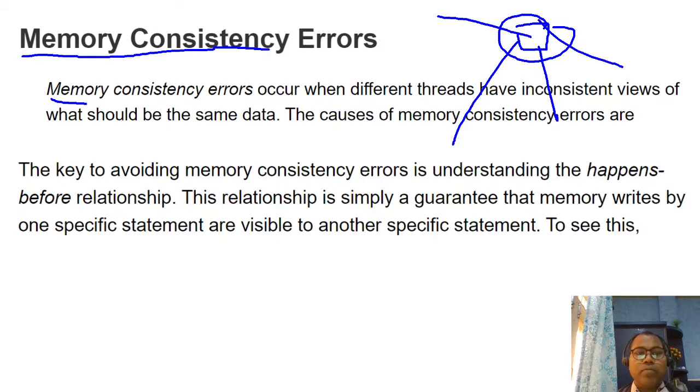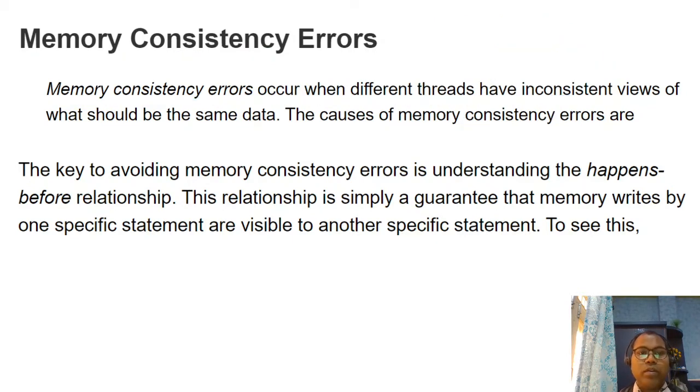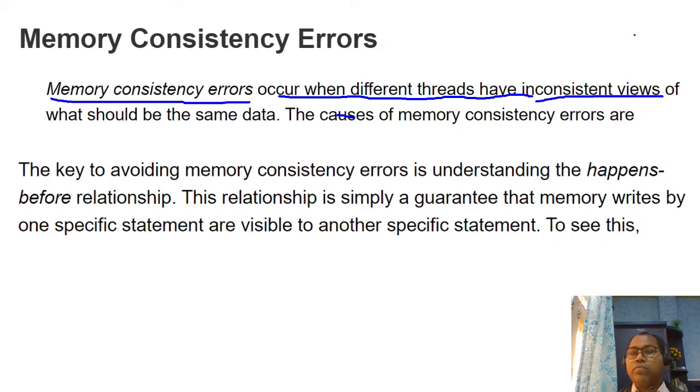So a memory consistency error occurs when different threads have an inconsistent view of the value.